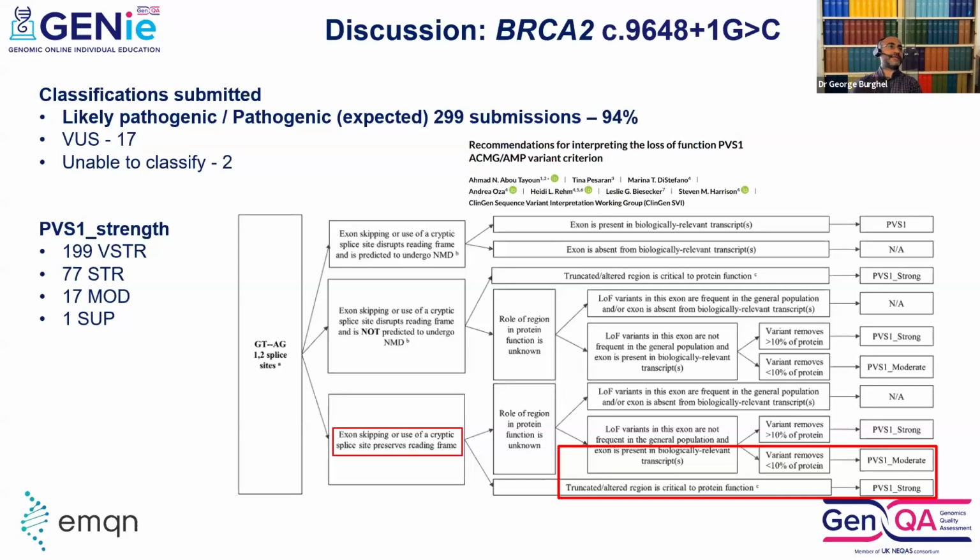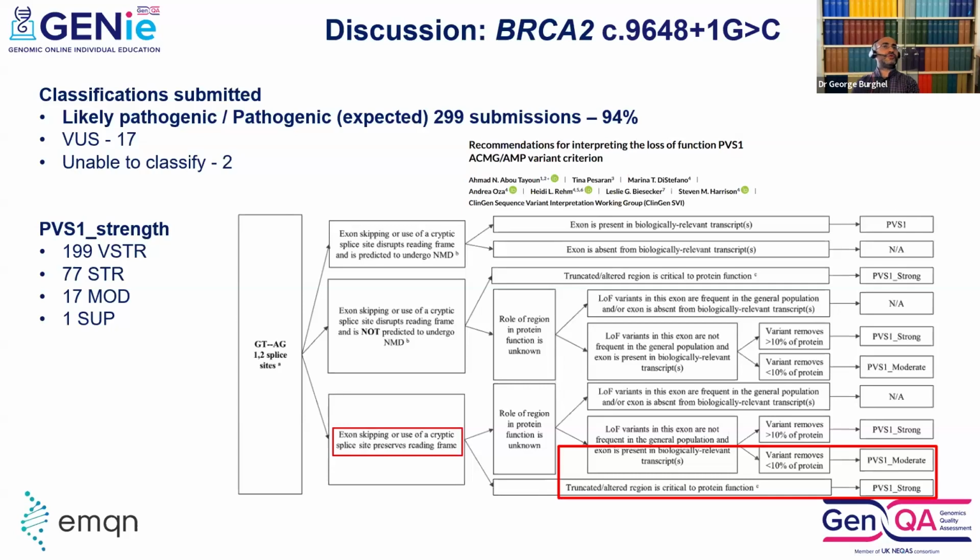It does affect an important area related to function as per ENIGMA guidance, but if you follow Tayoun et al. without the knowledge of the specific domains, you might end up with PVS1 moderate because it only takes out less than 10%, or you might end up with PVS1 strong if you use the functional domain.